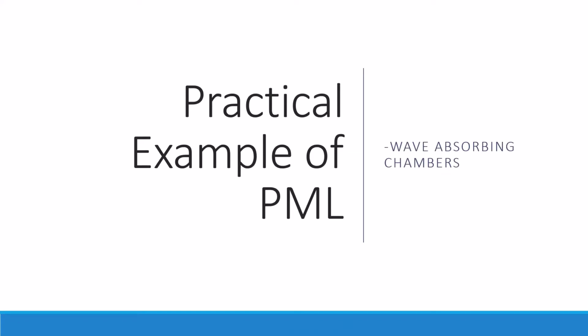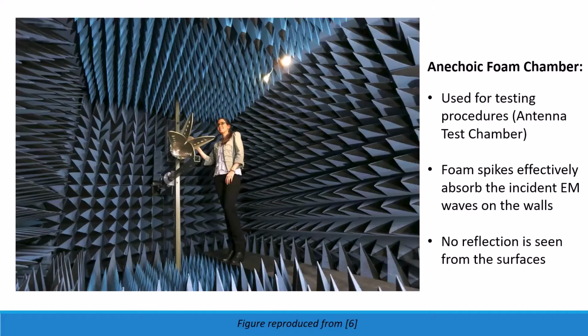All right, so to jump back, we'll finish off with the practical example and then a quick conclusion. So the practical example for the PML here is a wave absorbing chamber. So we have an example here that's used for testing procedures. So anechoic foam is used to make these pyramid structures on the walls.